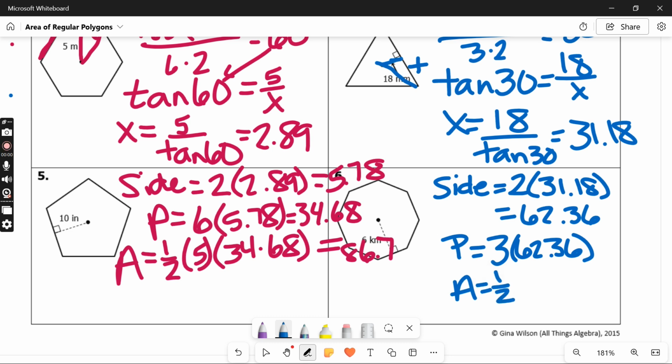So I know I wrote over 5 and 6 already. Please don't do that. 1/2 times 18. Oh, I didn't write out this number. 3 times 62.36 is 187.08.